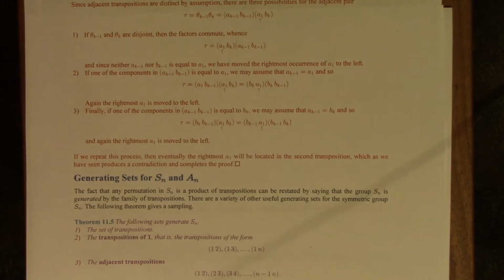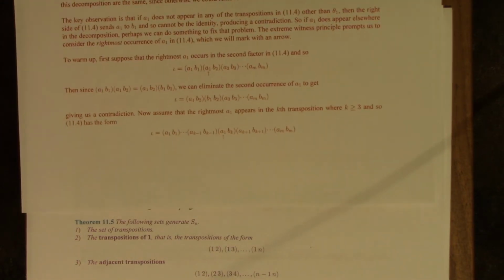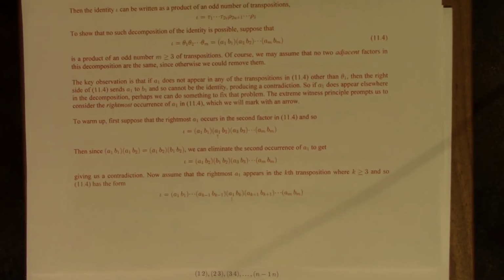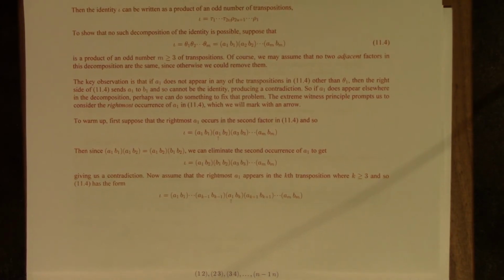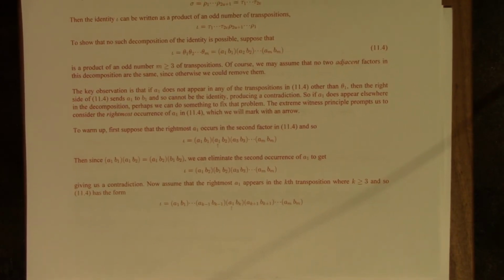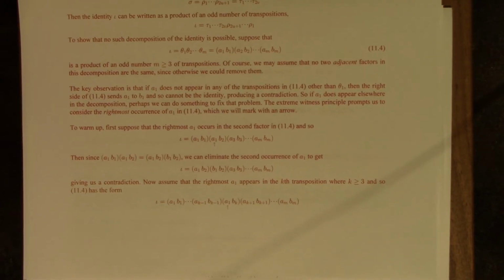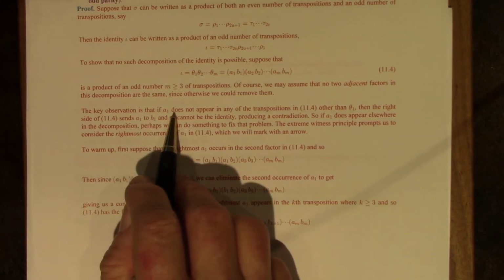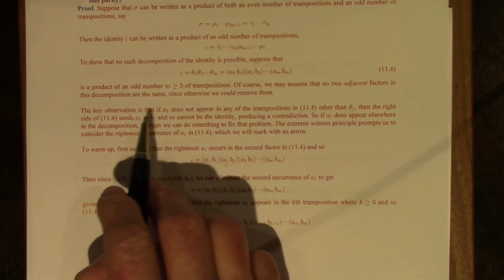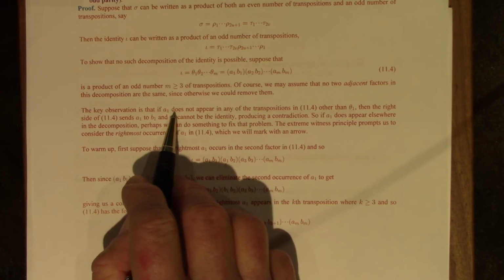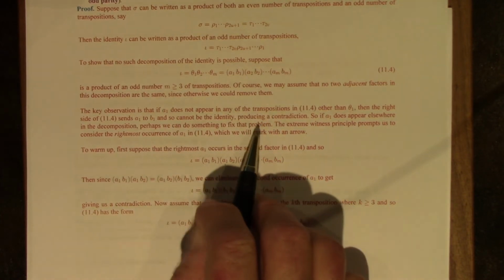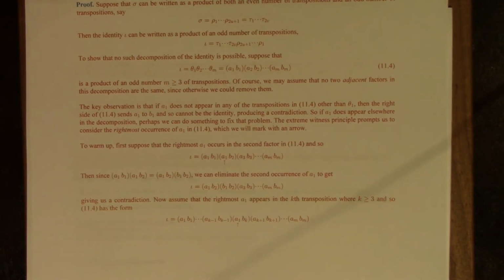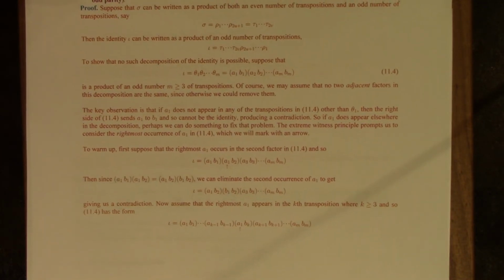So this proof, it's not terribly deep. It's just a little bit of arithmetic or algebra with transpositions. The trick here, of course, is to make the key observation. And once you've made that key observation, experience will lead you to say, well, maybe there's a way to arrange for this.